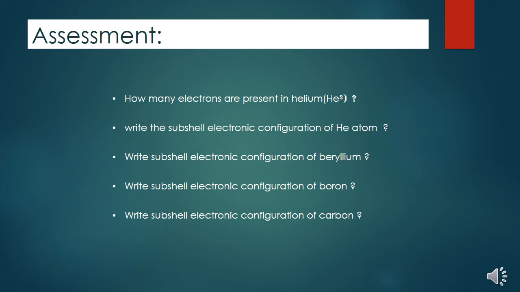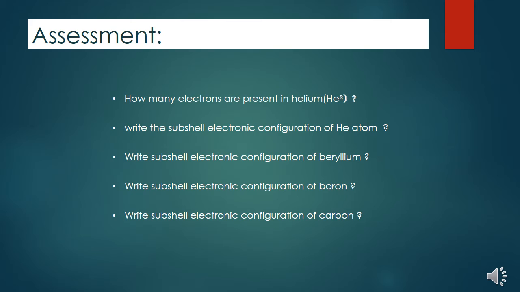The next question is, write the subshell electronic configuration of helium. The third question is, write the subshell electronic configuration of beryllium. The fourth question is, write the subshell electronic configuration of boron. And the last question is, write the subshell electronic configuration of carbon.